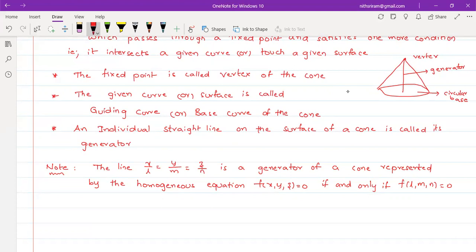The cone equation is nothing but a homogeneous equation in x, y, z. We call any homogeneous equation in x, y, z a cone equation from here onwards. If you substitute those values in the given cone equation and the equation gets satisfied, then we say that the given line is a generator of the cone.